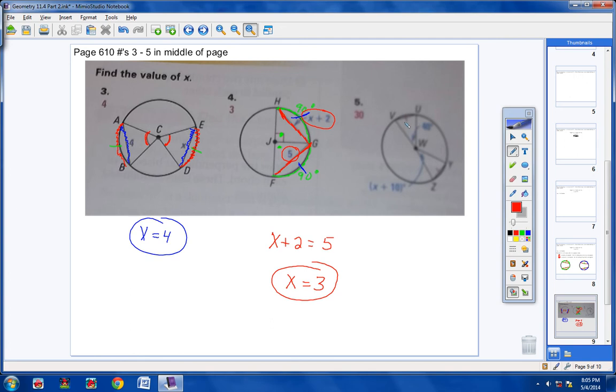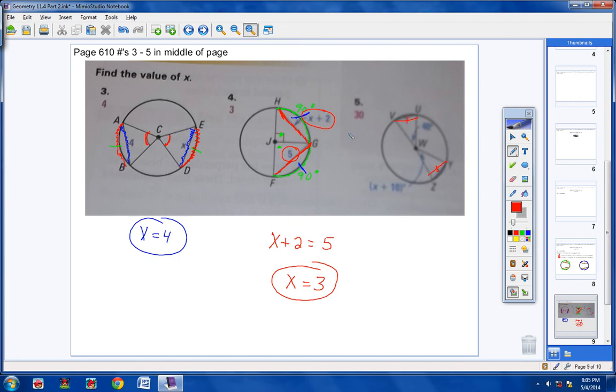If you'll look in your book, it's really hard to see on the picture here, but the chord is congruent, and the chord, not the arc, the straight line, is congruent. Look in your book and you'll see it. If you didn't turn over to 610, you need to. You'll see there's a little black line going straight across right here and a little line going straight across here, and they're the ones that have the mark.